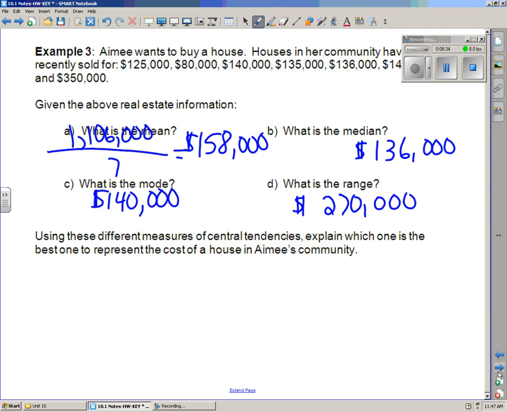But what I've done here is I've said I'm going to say that it's the median.